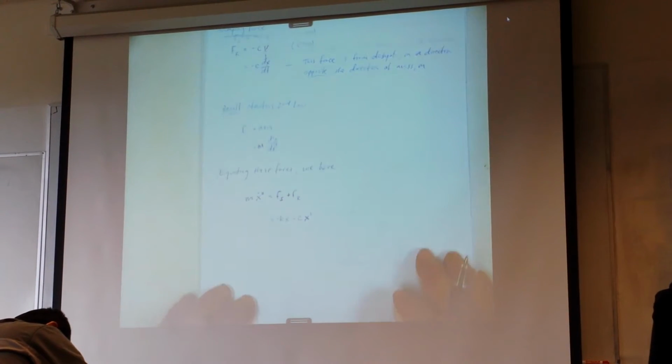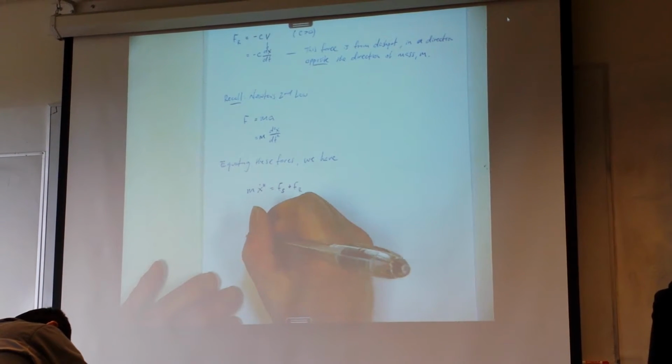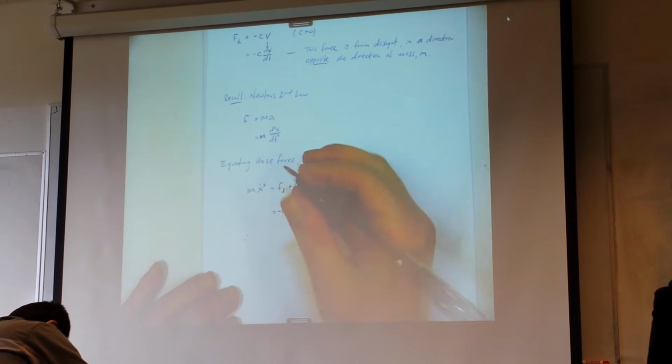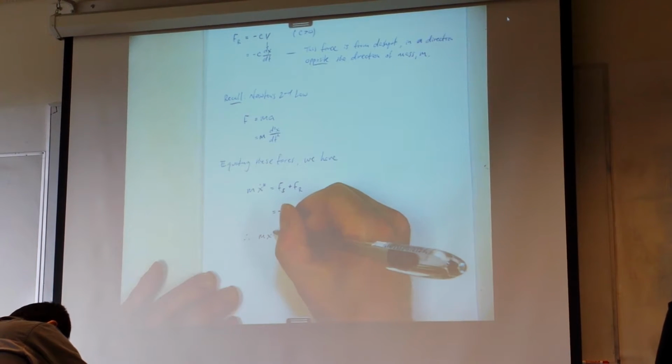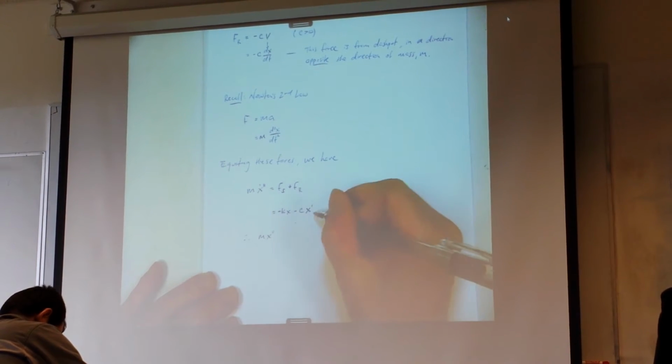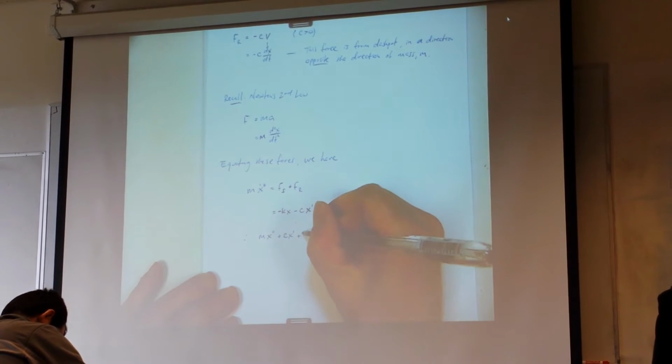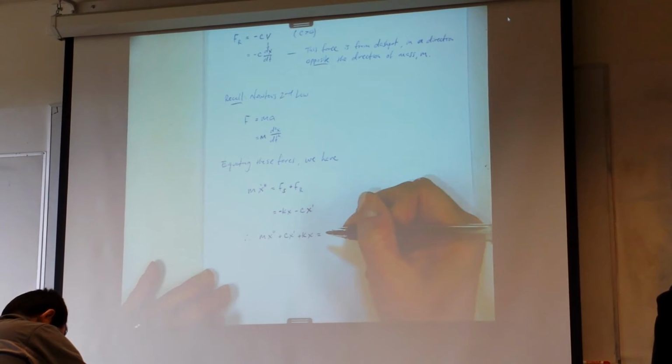Now, if I put those all on the same side of the equation, I would get m times x double prime plus c x prime plus kx equals 0.